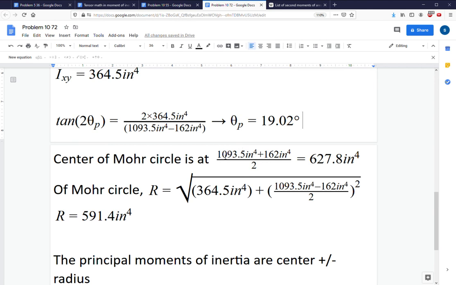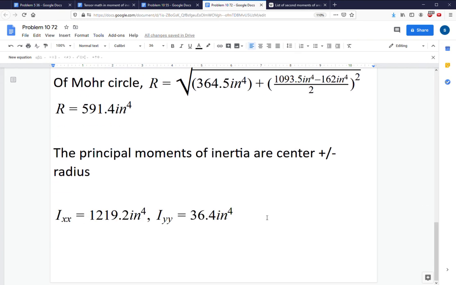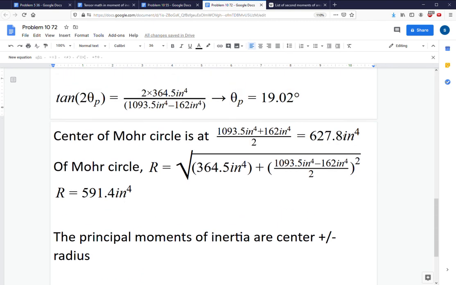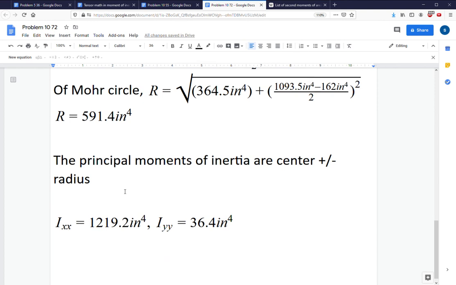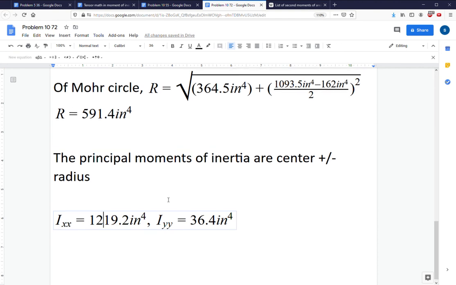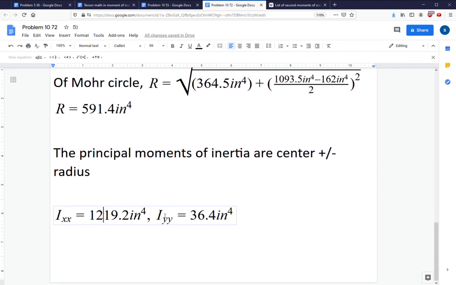And those are equivalent to the center plus the radius and the center minus the radius. So center plus radius, 627.8 plus 591.4 gives 1219.2 inches to the fourth power. And center minus radius gives 36.4 inches to the fourth power.